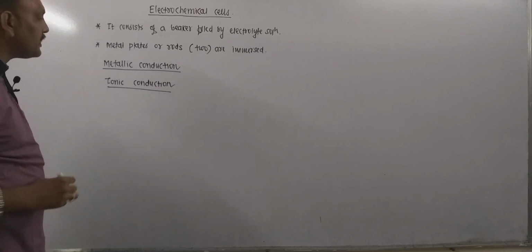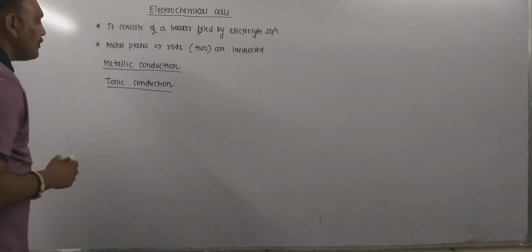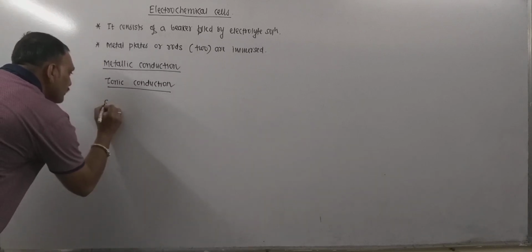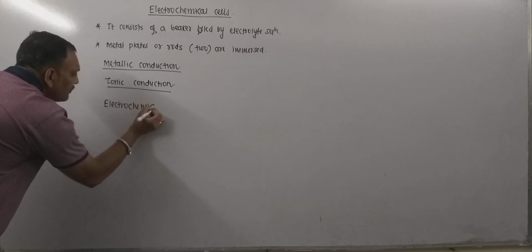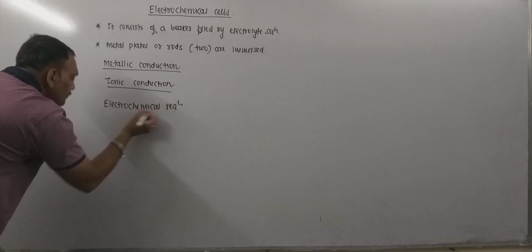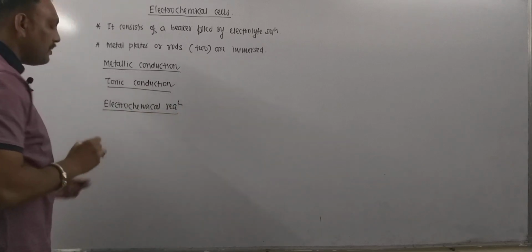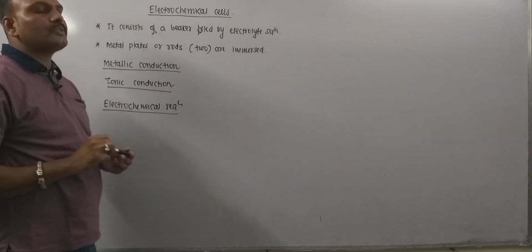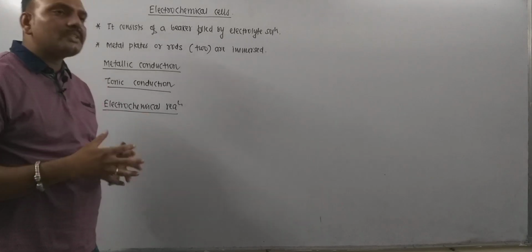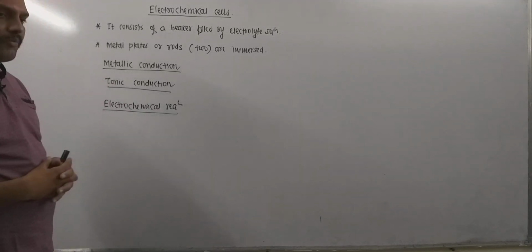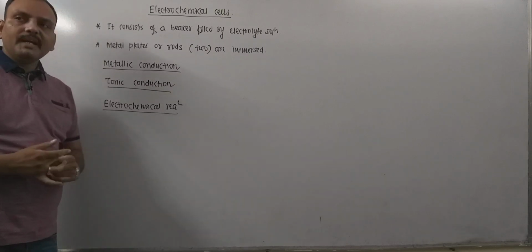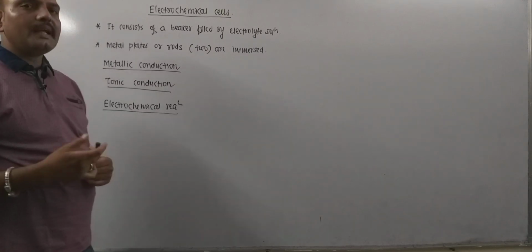Now, a very crucial thing in electrochemical cells is the electrochemical reaction. A chemical reaction taking place in the cell is said to be an electrochemical reaction. Now, for that we need to consider any cell.